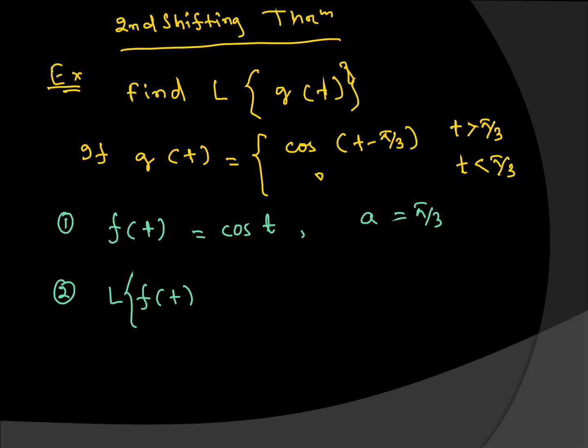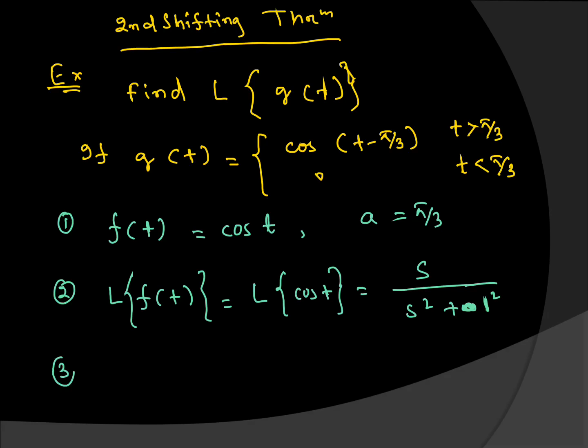Then step 2, we will calculate Laplace of f of t. Laplace of cos t is s by s square plus omega square. Omega is 1 here, so s square plus 1 square, or 1 we can write. So our F of s is s divided by s square plus 1.